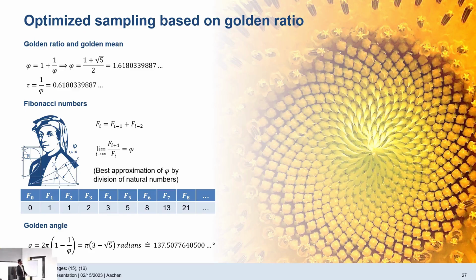So if we divide 1 by this irrational number, we get the so-called golden mean, which is a continued fraction. And if we multiply a unity by this golden mean, we can use this to sample through this unity in kind of an ideal way.